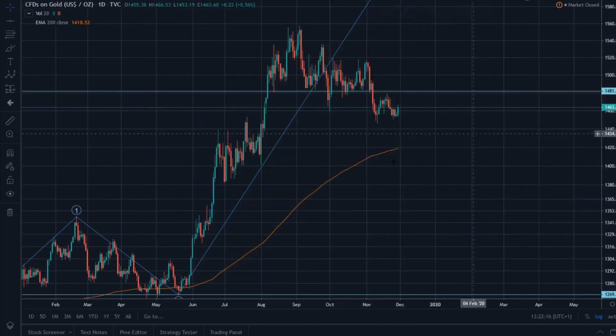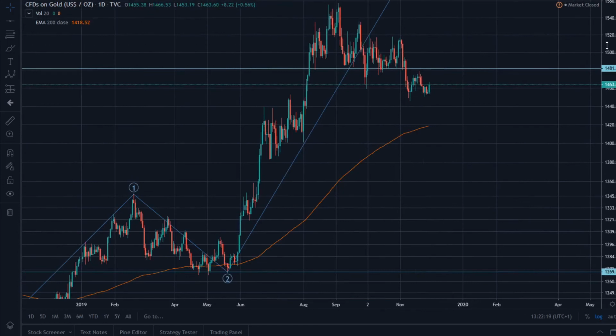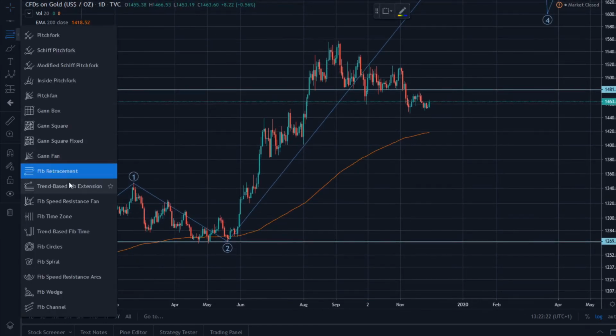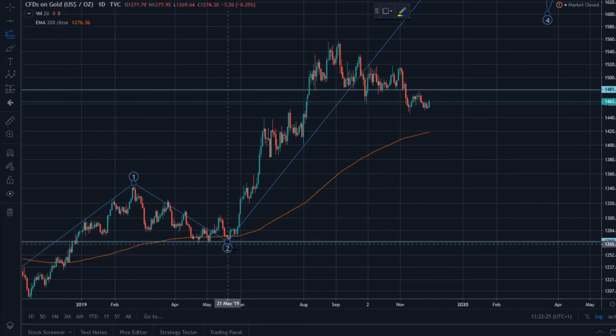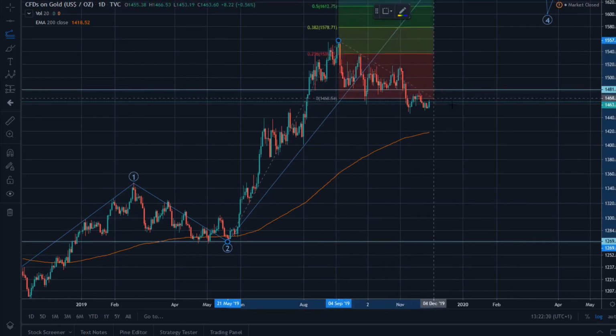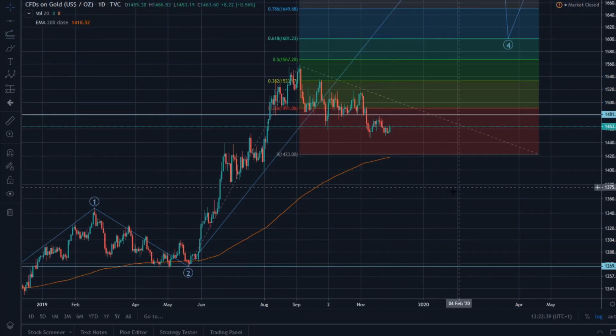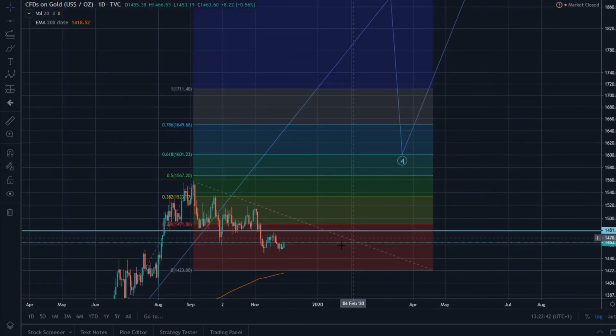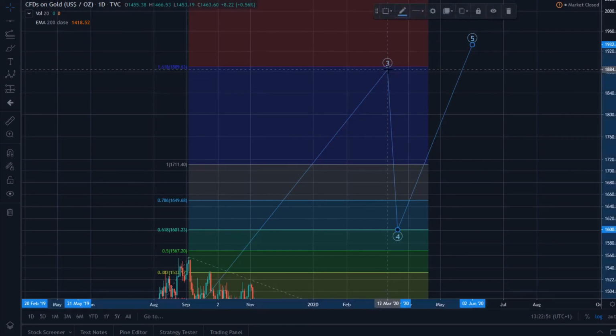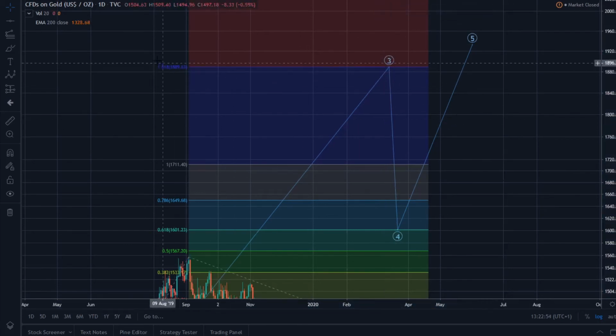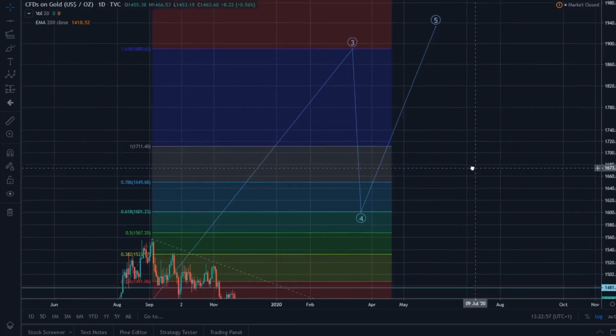And so if this area turns out to be the end of the correctional move, I am looking at the next price targets. Those are obviously midterm, so we're talking about a couple of months until those prices develop. Yeah, so if we place this at, let's take 23, which is pretty much in this area, I'm looking at least at this $1,711 price target for a move up, but ideally this wave 3 will finish in the $1,889 range.